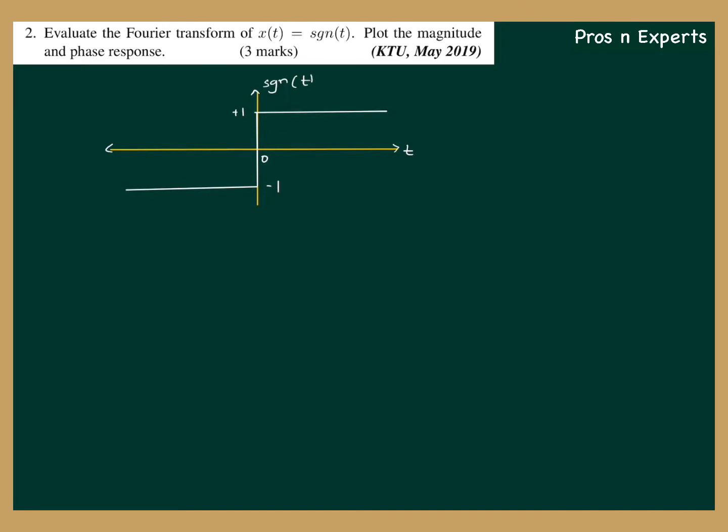This is graphically signum of t, or we can write it as signum of t equal to 1 for t greater than 0 and minus 1 for t less than 0. So what we have got to do is to find the Fourier transform of signum of t.